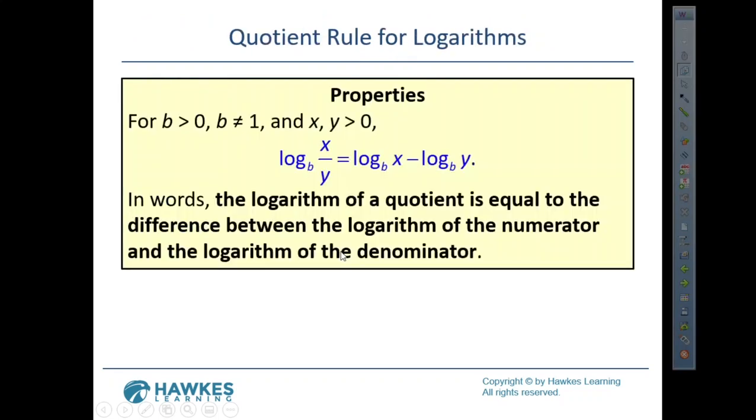All right, so our quotient rule basically says when we have the quotient of terms, I'm just going to take the log, same base, of the numerator minus the log of the denominator, right?